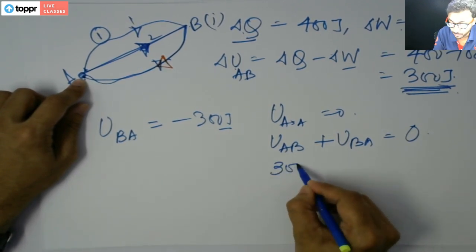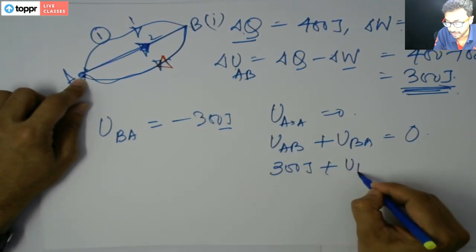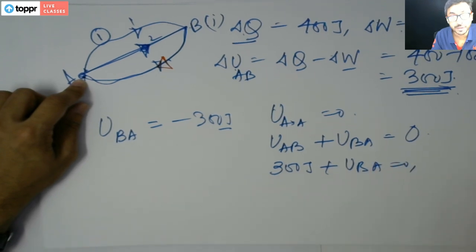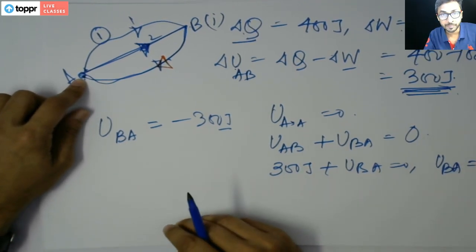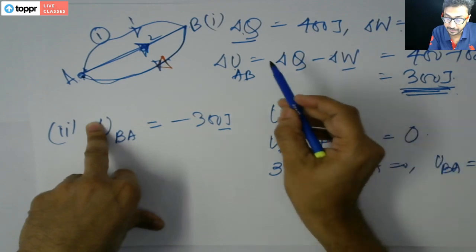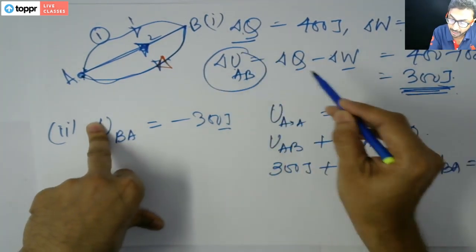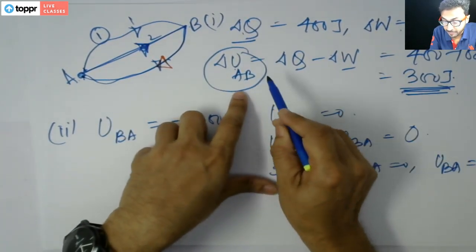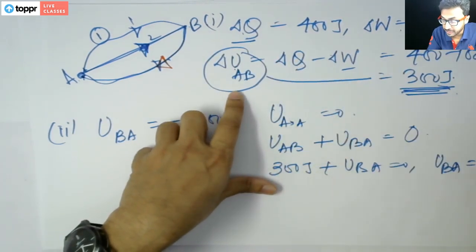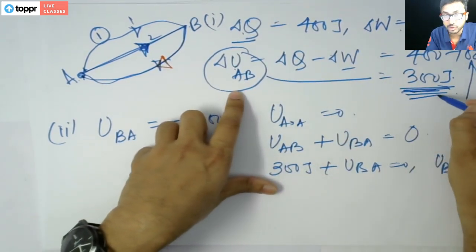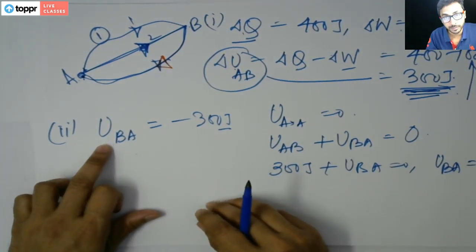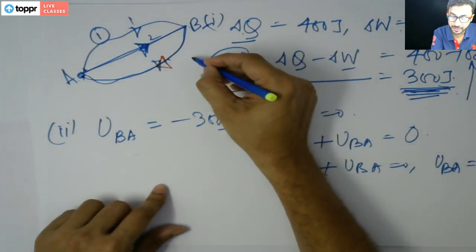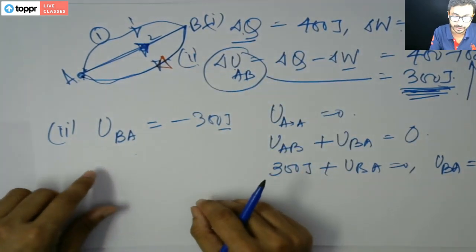U AB equals 300 joules, plus U BA equals 0. That means U BA will be minus 300 joules. It means that if from A to B the internal energy increased by 300 joule, from B to A it will decrease by 300 joule. Got it? First, how to calculate this is also clear.